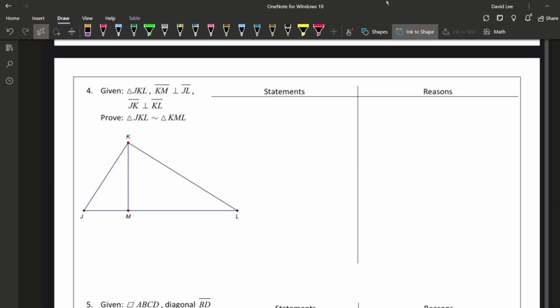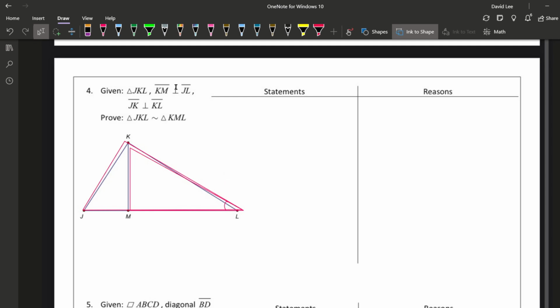Okay, next one, also interesting. We have triangle JKL. KM is perpendicular to JL, JK is perpendicular to KL. And focused on this, JKL, similar, this larger triangle, similar to KML, this smaller triangle here. Right, so they share an angle, so that's a freebie, right?